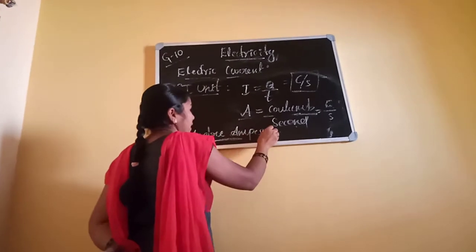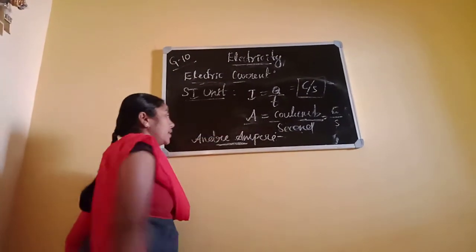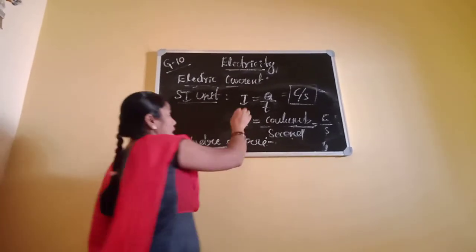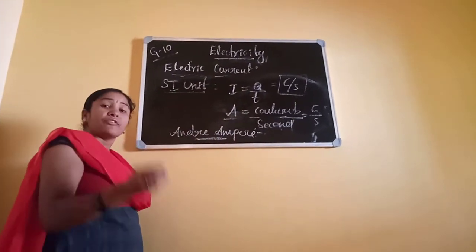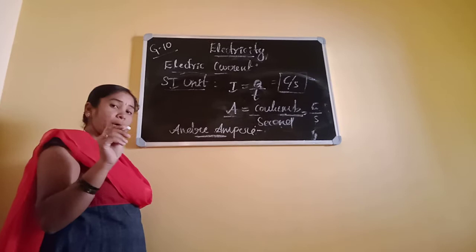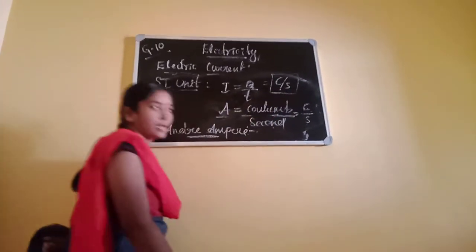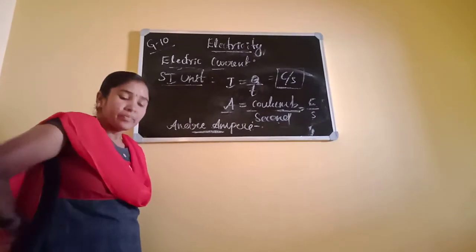He was one of the scientists who discovered electric current. So his name was given to this SI unit. If you write ampere, only half a mark. So you should write coulomb per second is the SI unit of electric current. Understand?